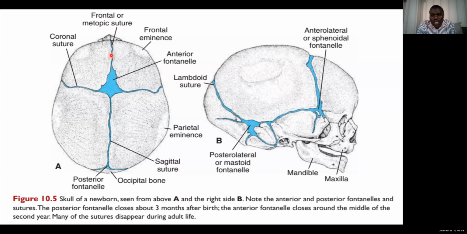This suture usually disappears at the age of 2 years. In some people, it may persist even up to 7 years, but mostly it disappears by 2 years. So it's present up to 2 years, then fusion occurs from the 2nd up to the 7th year. I think that's a better way of explaining it.